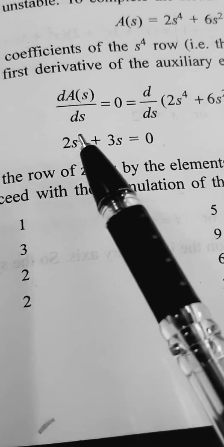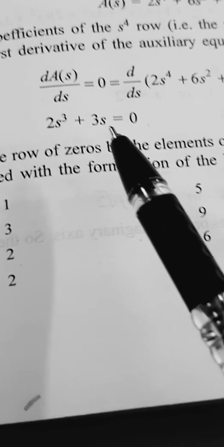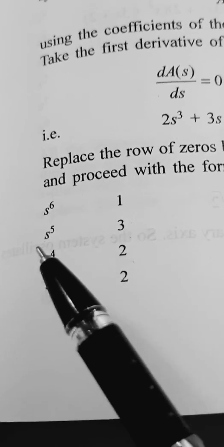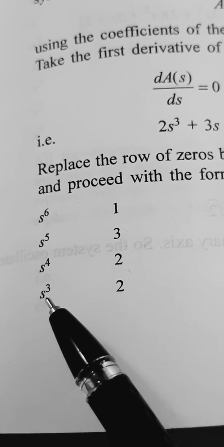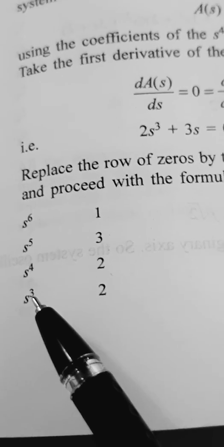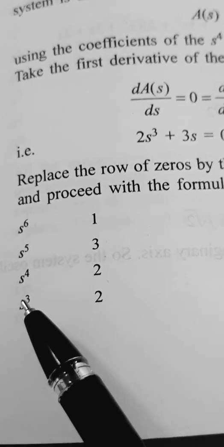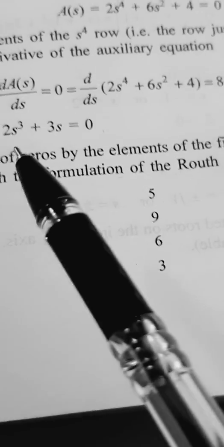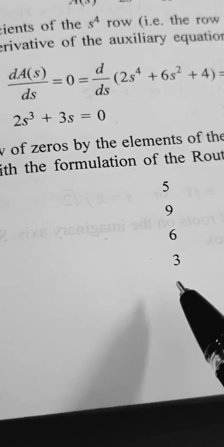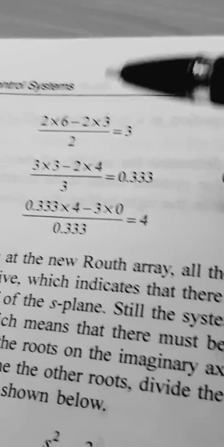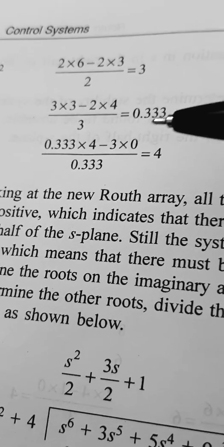Now these coefficients of s^3 and s you have to substitute in the Routh table and modify it: s^3 is 2, and for s the coefficient is 3. Then you have to develop further. When you are doing like that, you are getting 3, then here it is 4, after that you are getting 0.33, then 4.